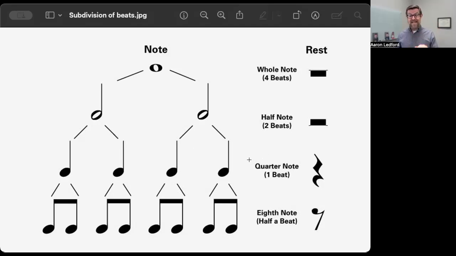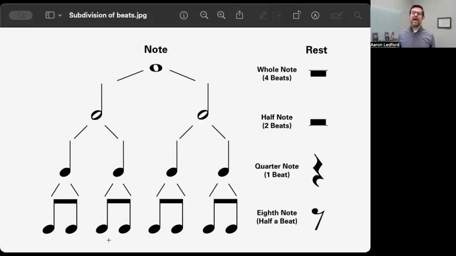But we can break that down even further to what's called eighth notes. And each eighth note gets one half of one beat. So don't be confused. It's not a half note, but an eighth note gets half, or 0.5, of one beat. For the first quarter note, there are two eighth notes, and for the next quarter note, there are two eighth notes, because half and half would account for the whole beat.